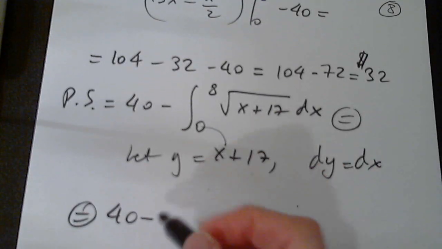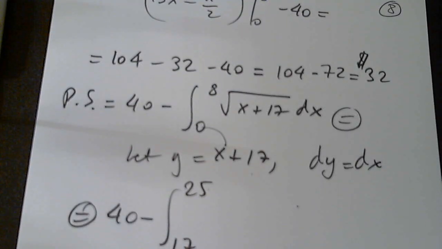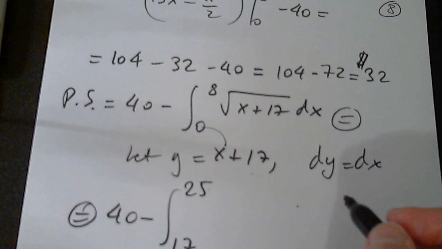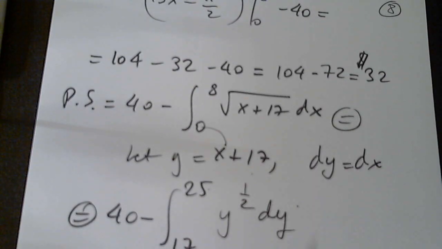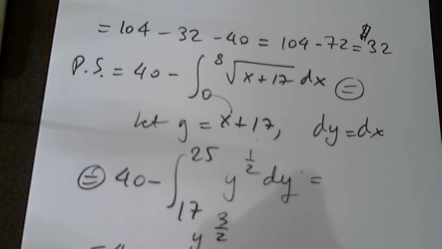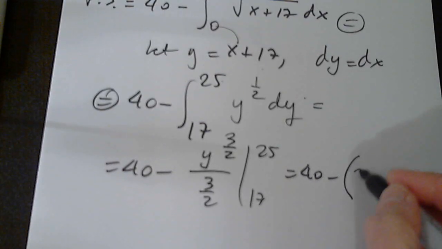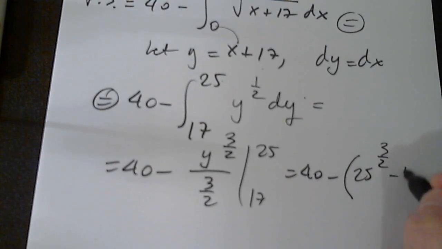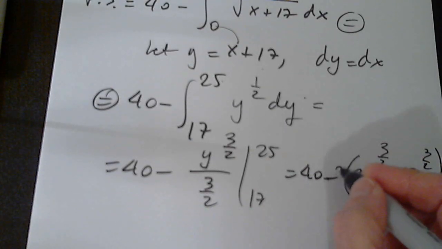When x is 0, y is 17. When x is 8, y is 25. From y, the square root of y, which is y to 1/2 dy. So this is 40 minus y to 3/2 over 3/2 from 17 to 25. So 40 minus 25 to 3/2 minus 17 to 3/2, and I have to flip 2/3.